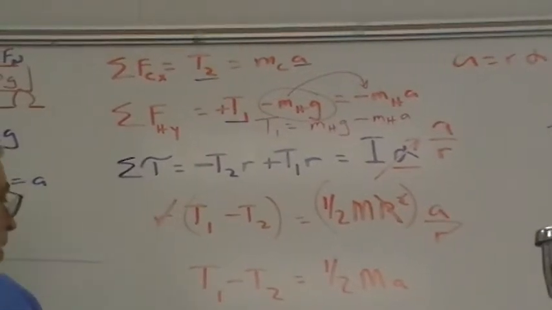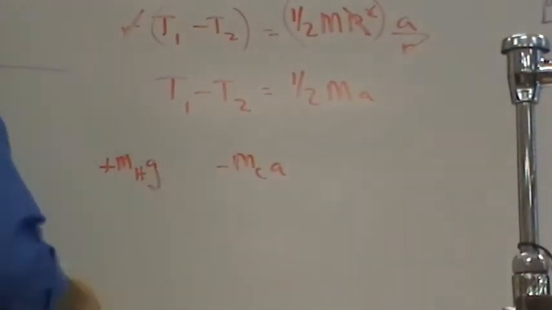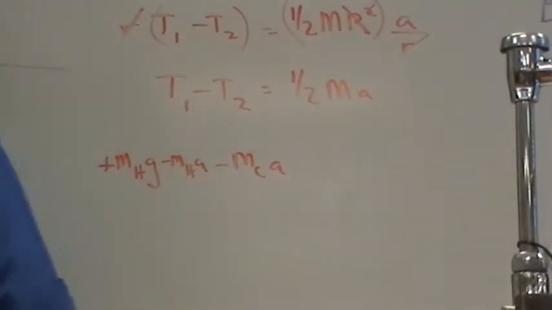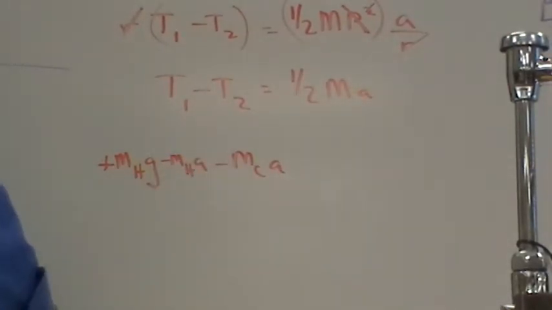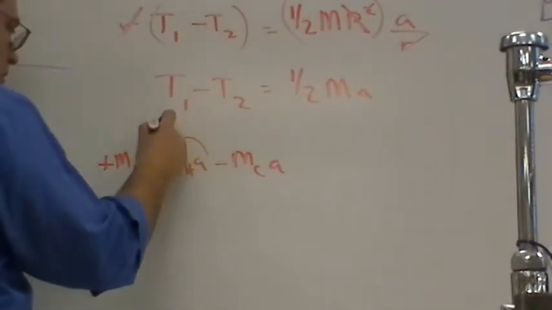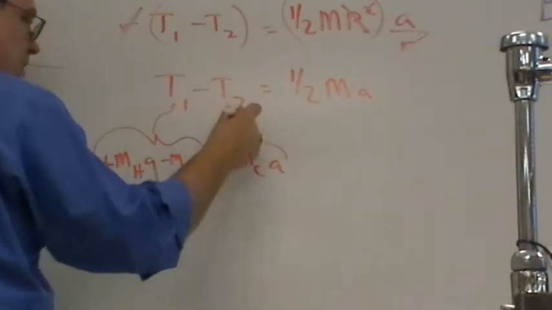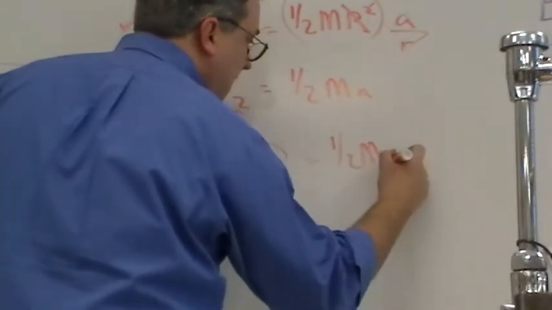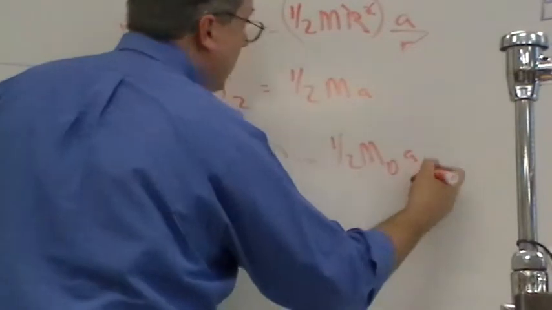So I get positive MHG minus MHA minus MCA for what I substituted in for T2. That's T1. That's T2. Equals 1/2. This is the mass of the disc or pulley times A.